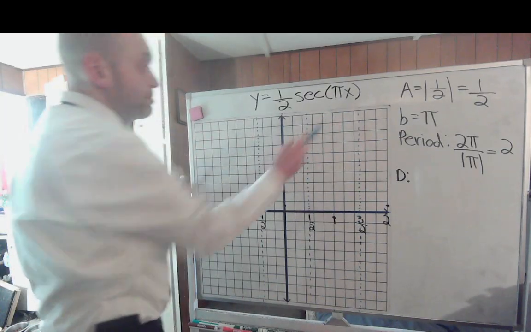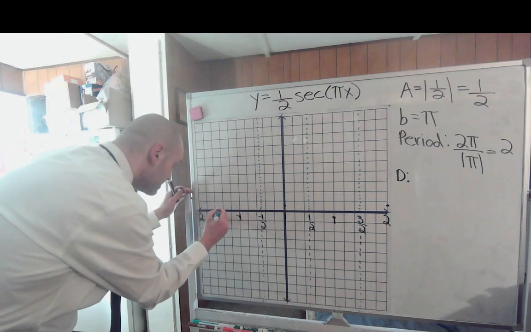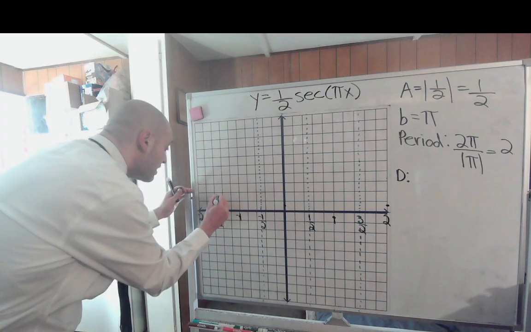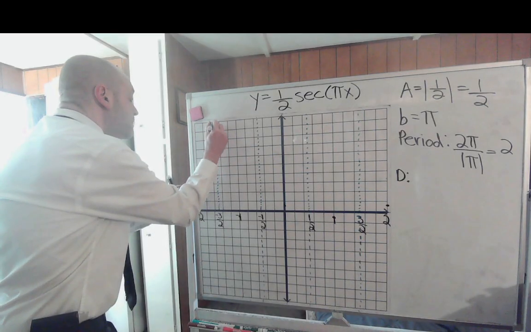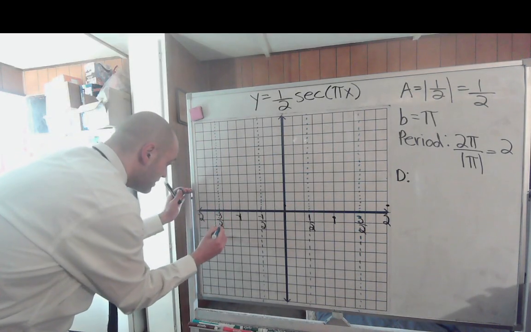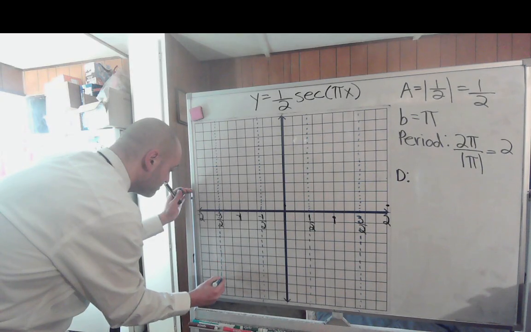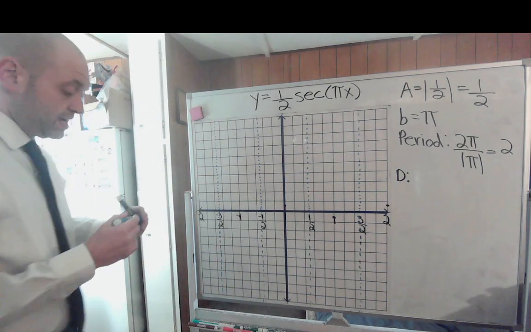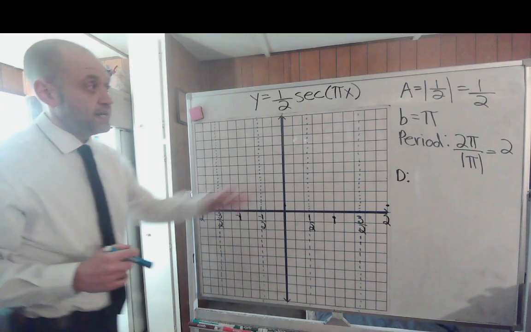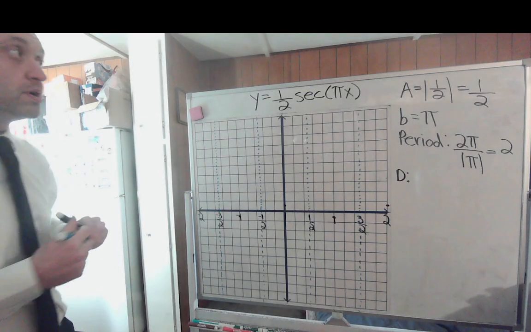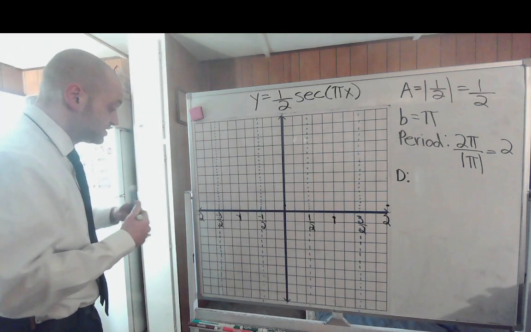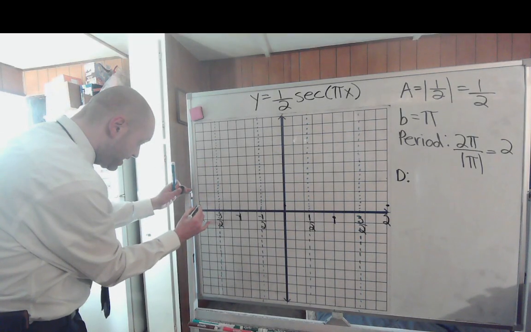The secant of negative 3 pi over 2 is undefined. Alright, and then at negative 2, the secant of negative 2 pi would be positive 1. So that times a half is positive 1/2.